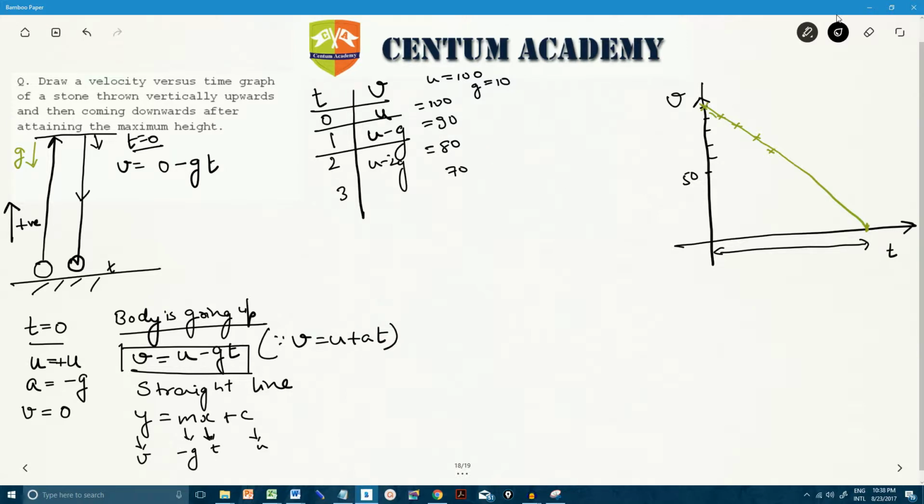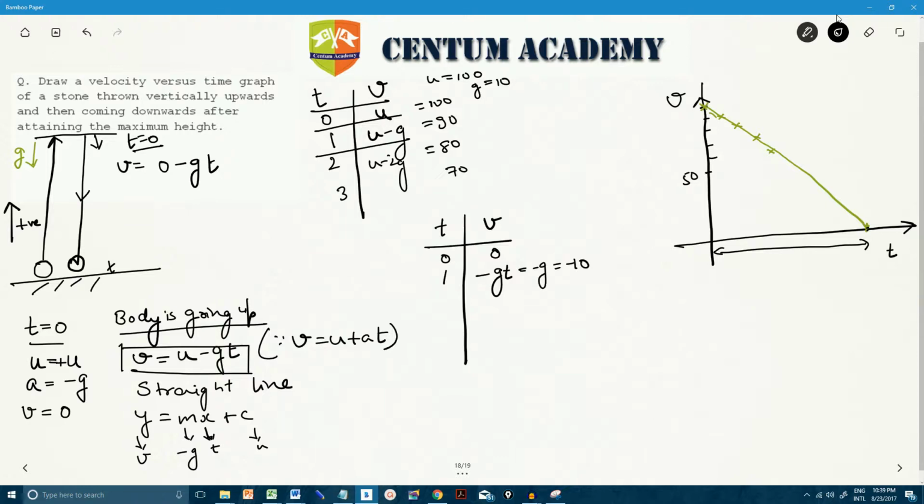Now if you again plot this v and t, let's say t again, v again. Okay, so now if you put t equals 0, you will get v equals 0. So clearly now you are shifting your t's starting point, the origin, here. So when t equals 0 here, the velocity was 0, isn't it? After 1 second, velocity will become minus gt, so with t as 1, it will be minus g, that is minus 10.